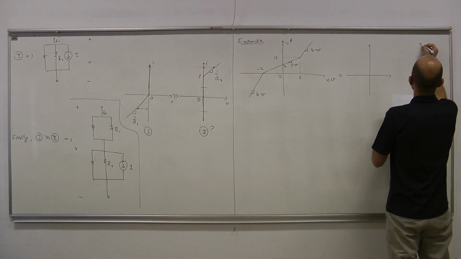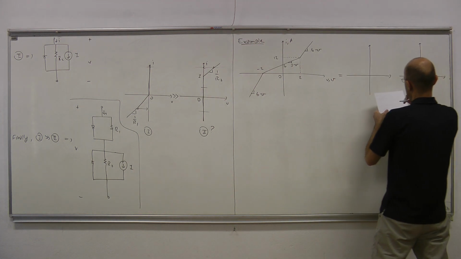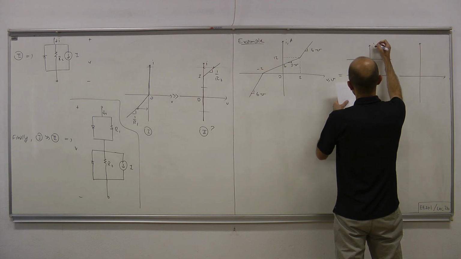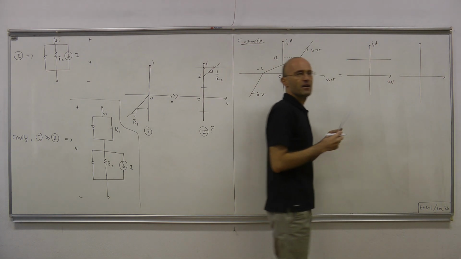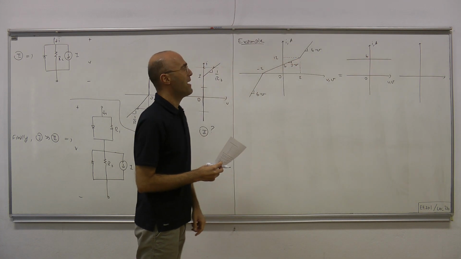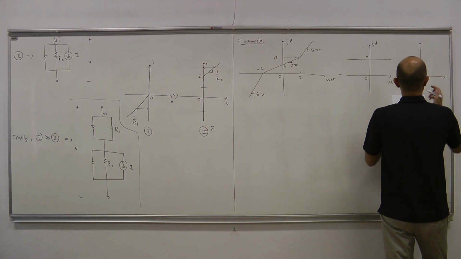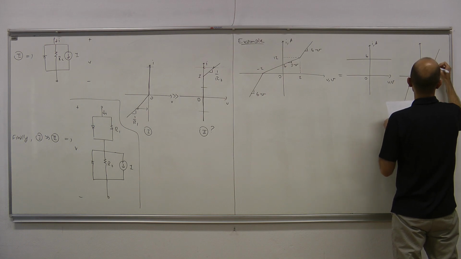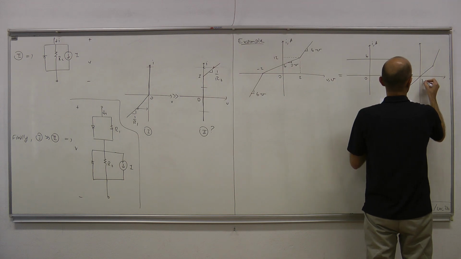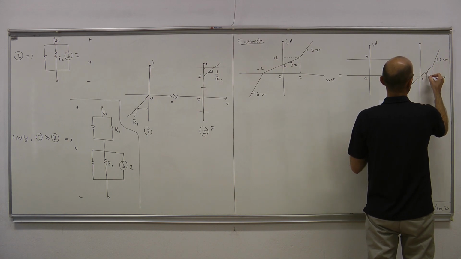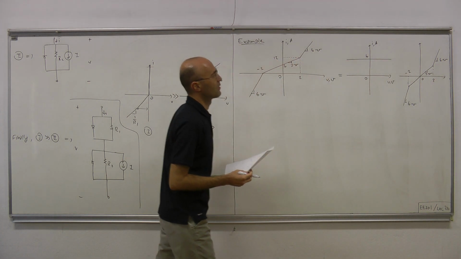This can be written as a constant current source of 6 amps connected in parallel with this symmetric curve: 0, 2, minus 2, slope 6 mhos, slope 6 mhos, and here in between the slope is 3 mhos.